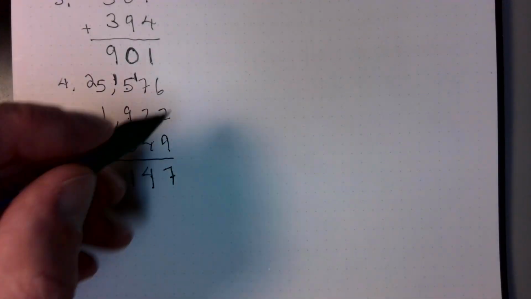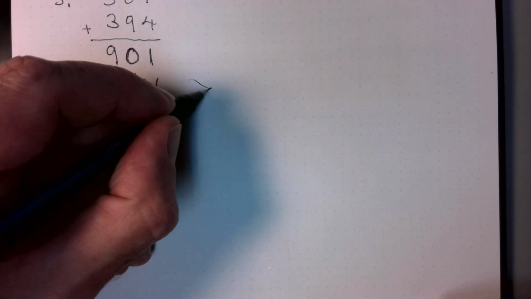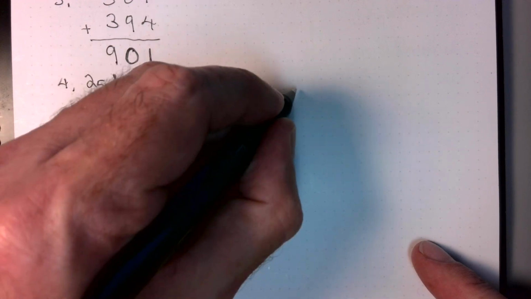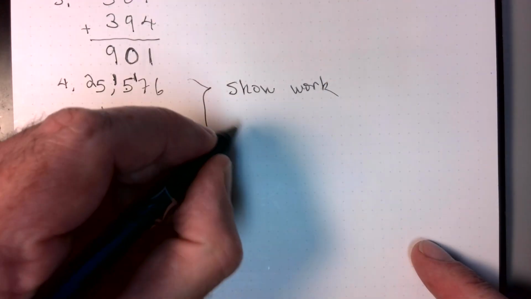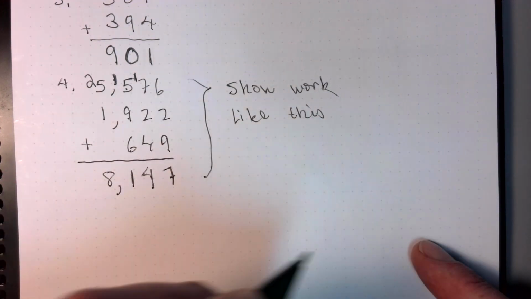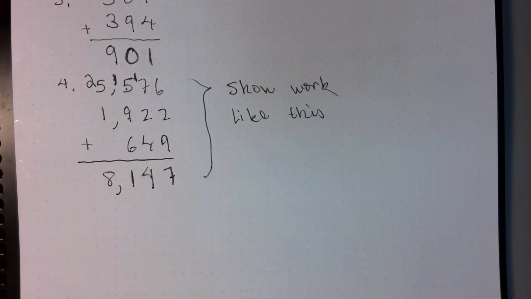So I want to see this work when you submit your assignment. Do not just write answers when you submit your assignment. I need to see the thinking that goes into making those answers.